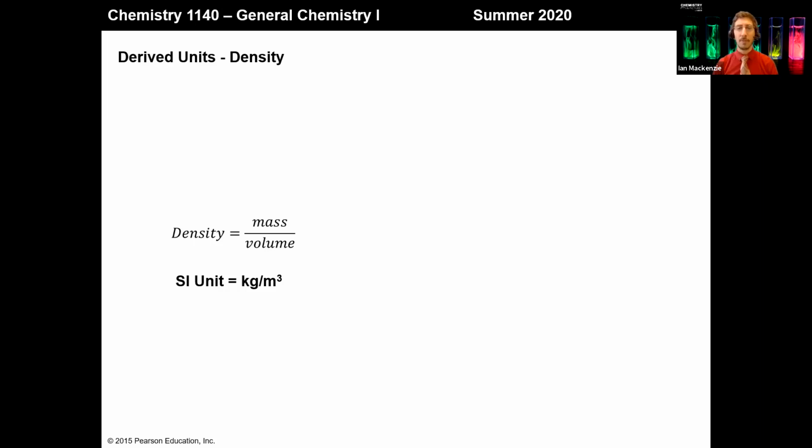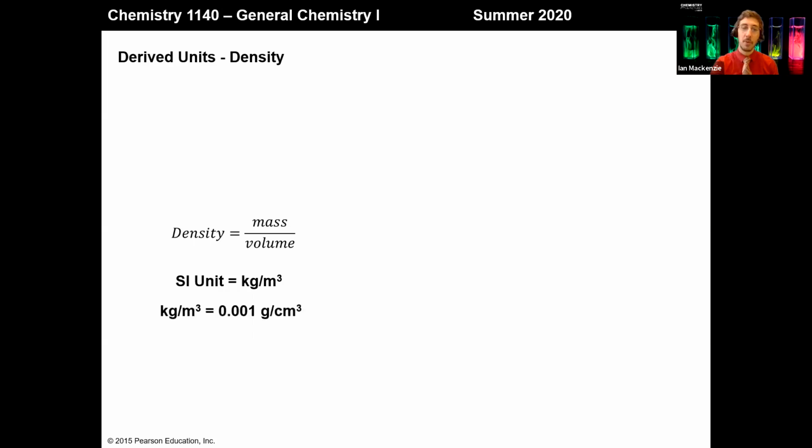But if we were measuring, for example, the density of some object, let's say I wanted to measure the density of water, to get 1 cubic meter of water would be difficult. And even if I did have 1 cubic meter of water, I don't have a scale that would easily be able to measure that size to be able to report the mass in kilograms.